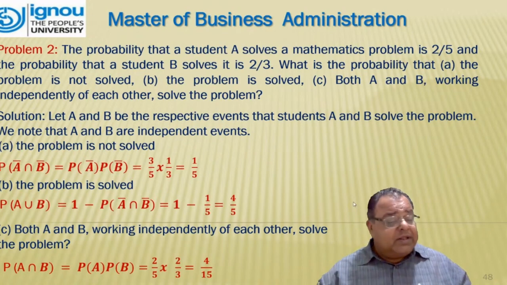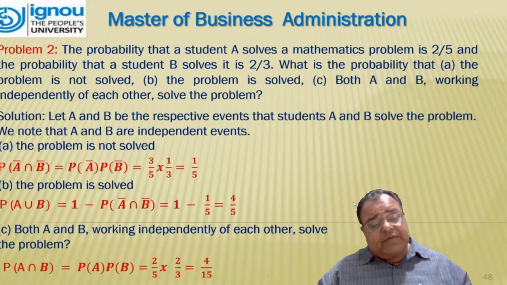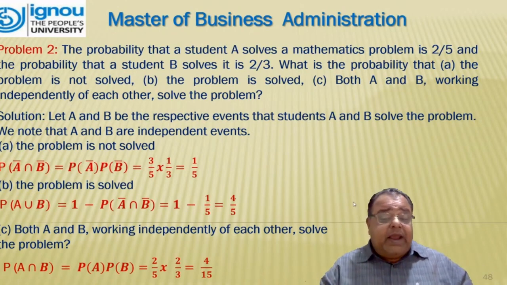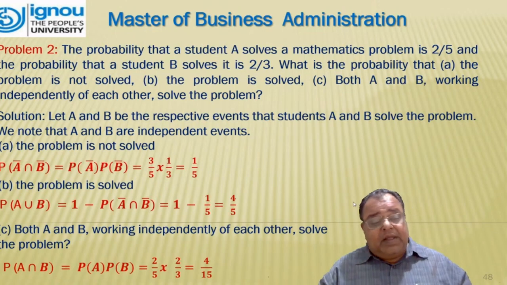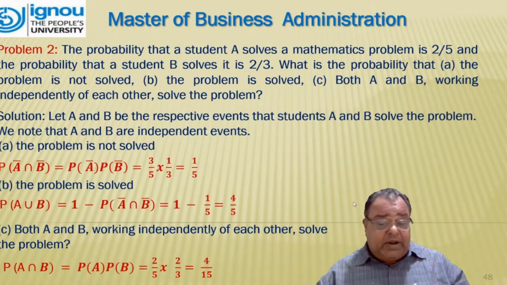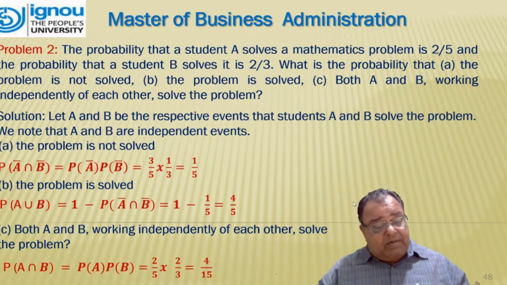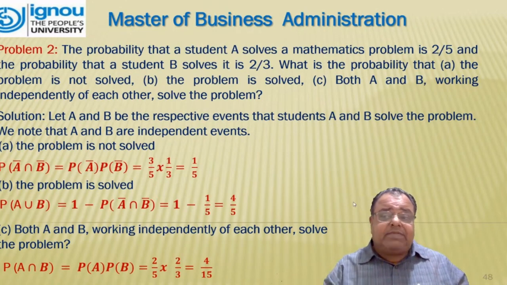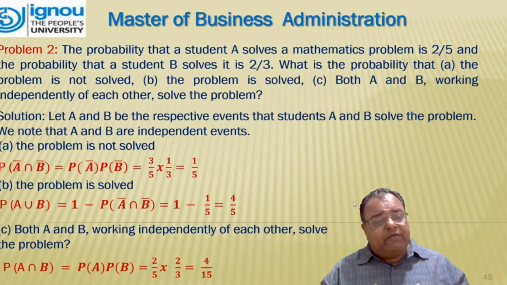Earlier, we calculated the probability that the problem is not solved, so we subtract it from 1. 1 minus 1 by 5 is 4 by 5. That means 80% the problem will be solved. Now both A and B are working independently and solve the problem. That means we multiply their respective probabilities of solving, 2 by 5 and 2 by 3. It comes out to be 4 by 15.